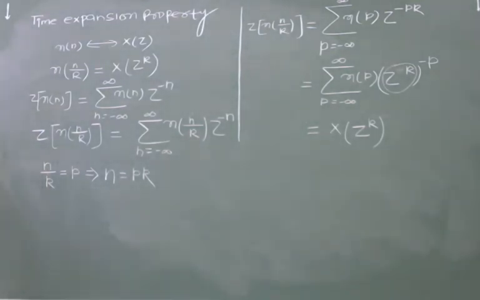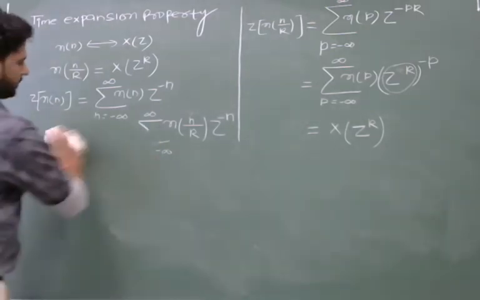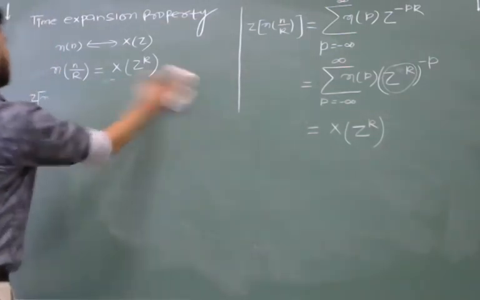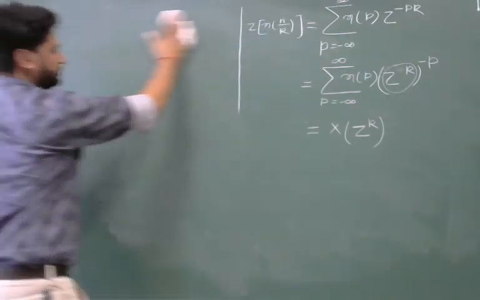Next property is multiplication by n or differentiation in z domain property.